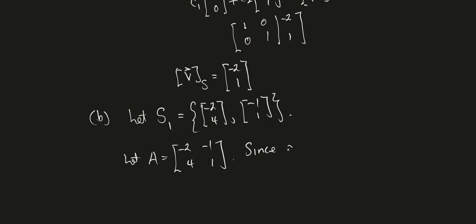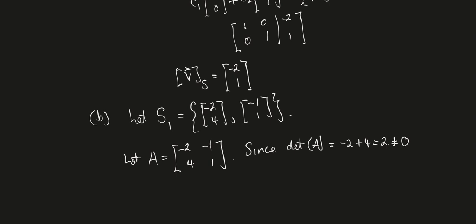Let's look at the determinant of A, which is -2 plus 4. Since that determinant is not equal to 0, the columns of A are linearly independent. Since I have two linearly independent vectors, they have to form a basis for R2.